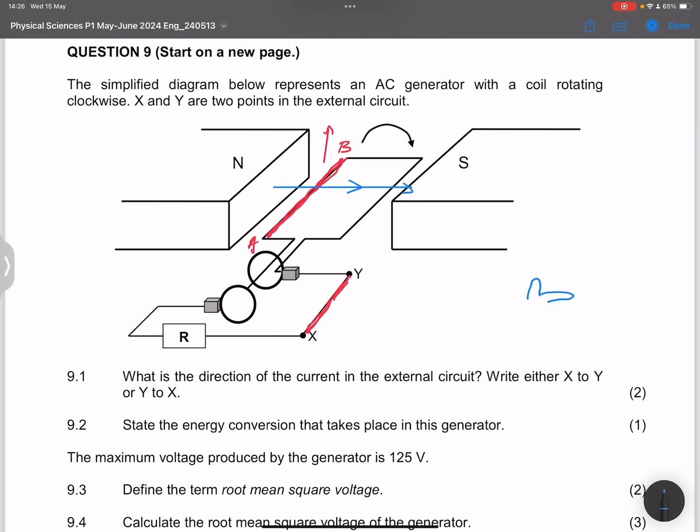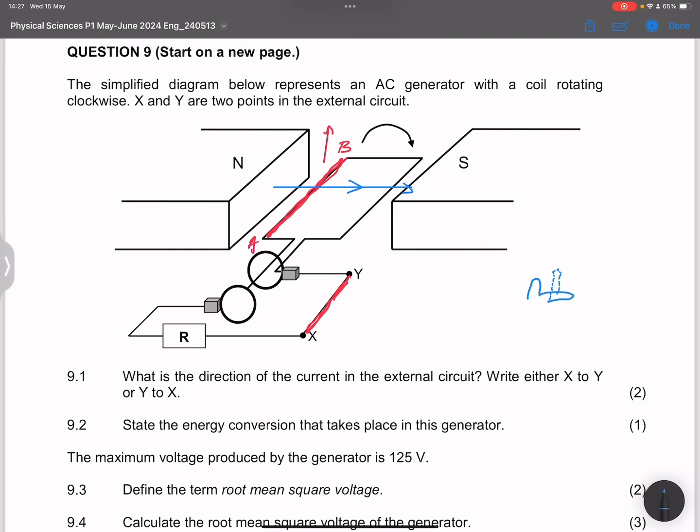By the way, we're going to use our right hand, because we're dealing with a generator. If you do that, your second finger will actually be pointed in that direction.